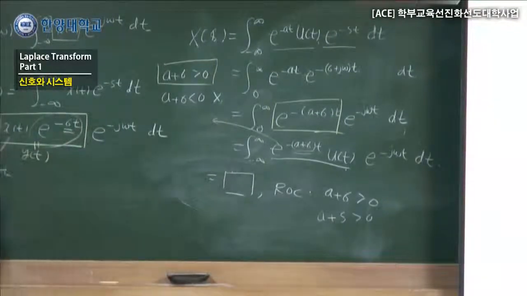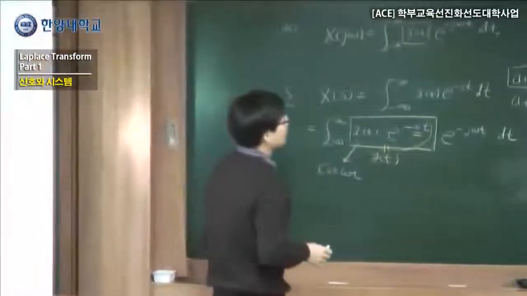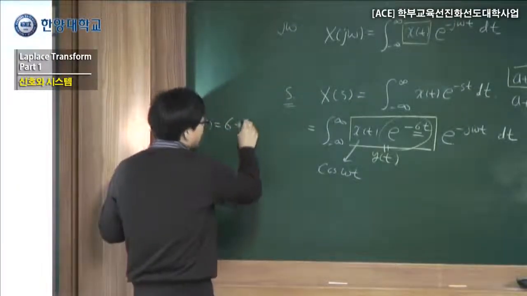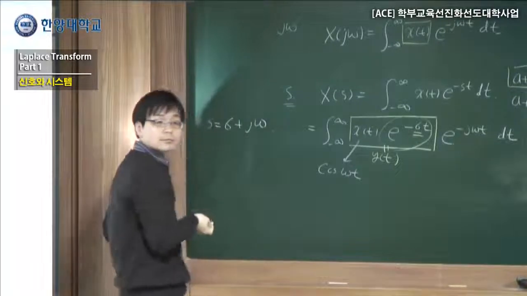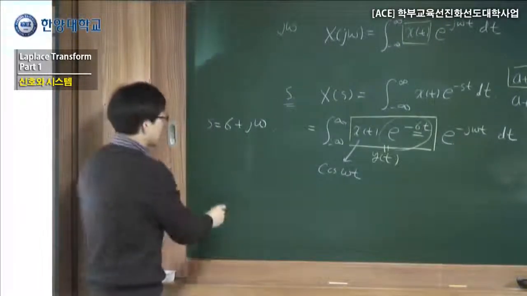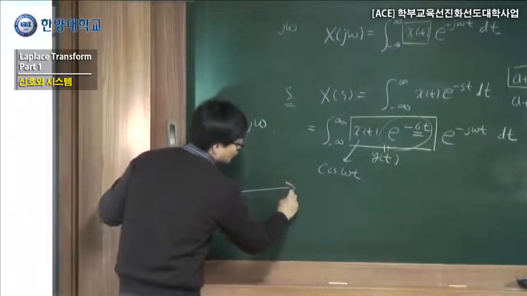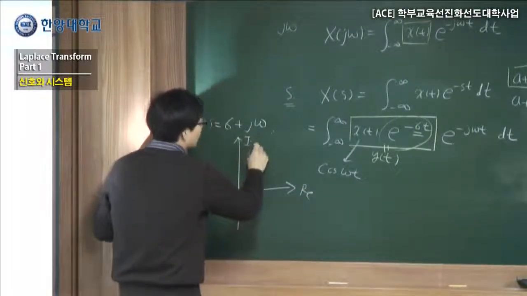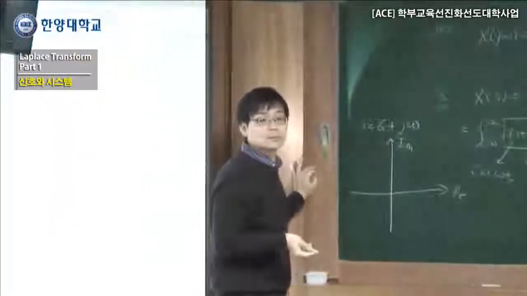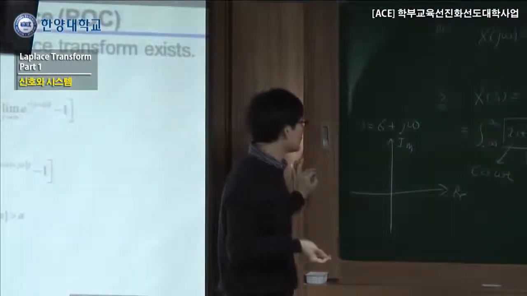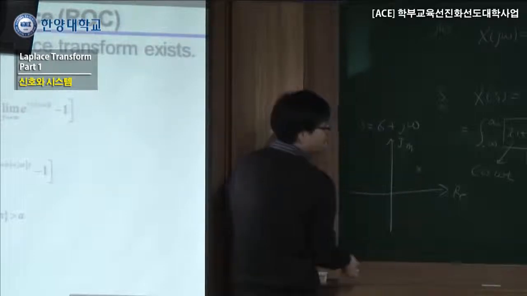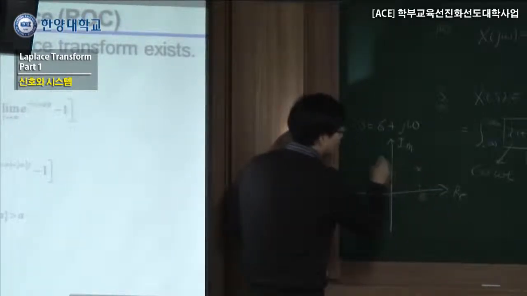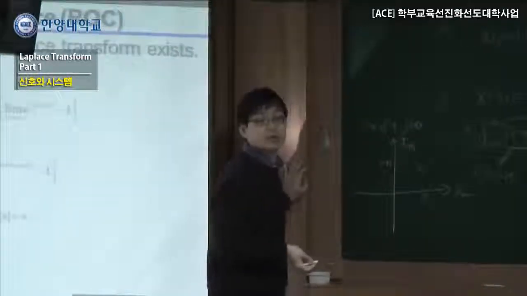Once again, from here, S is delta plus j omega. Let's draw this on a space. In the complex domain, this is real, this is imaginary. Any arbitrary point in this domain is delta in real and omega in imaginary.